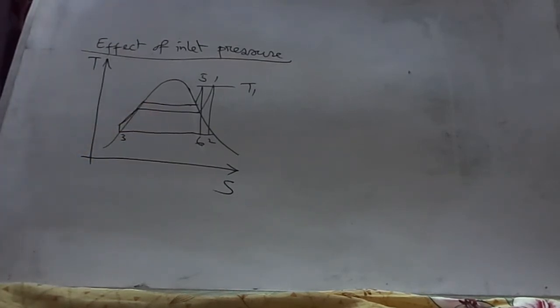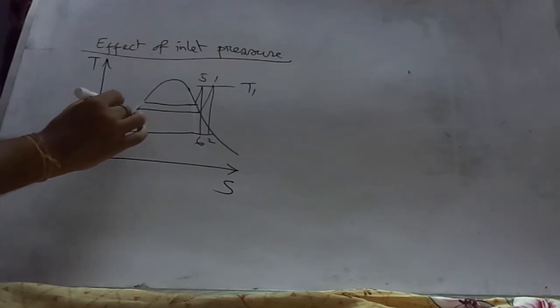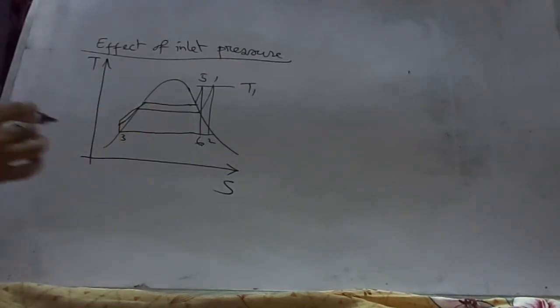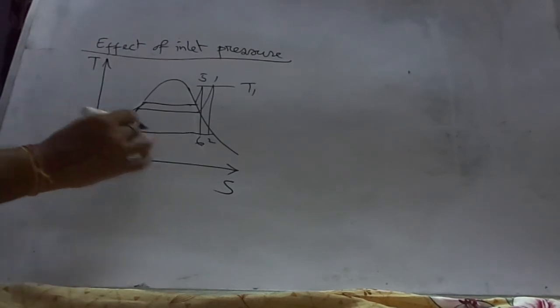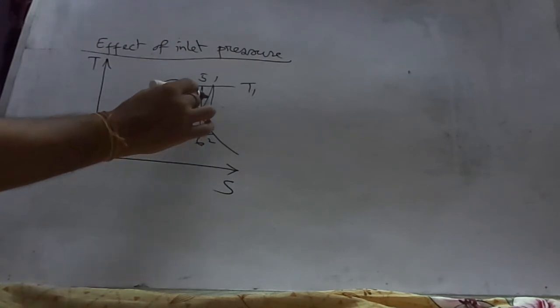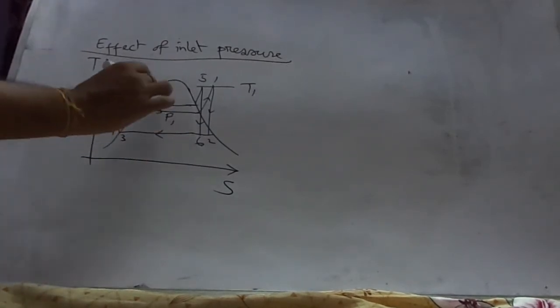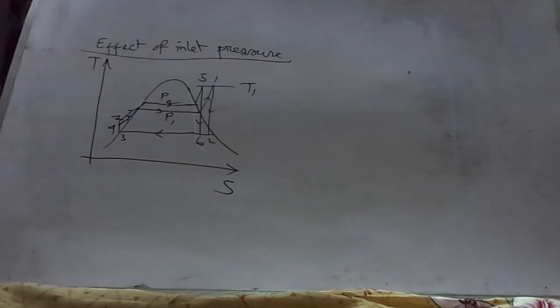Another one is the first one, the 3, 4 and 7. Like this, the arrow indicates this one. Now this is your T1 pressure, this is your T2 pressure.